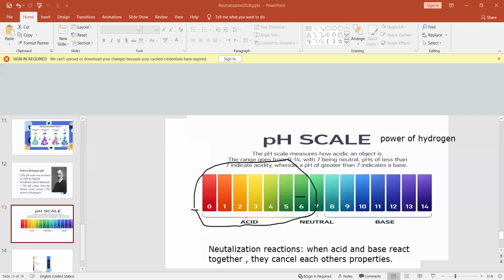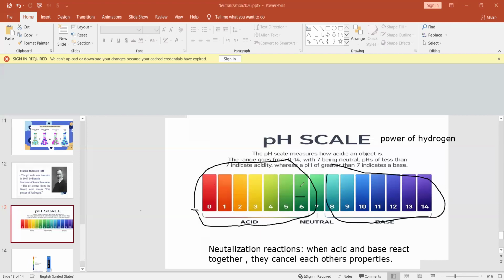Look, if it is from 0 to 6, it's acid. Otherwise, from 8 to 14 is base.